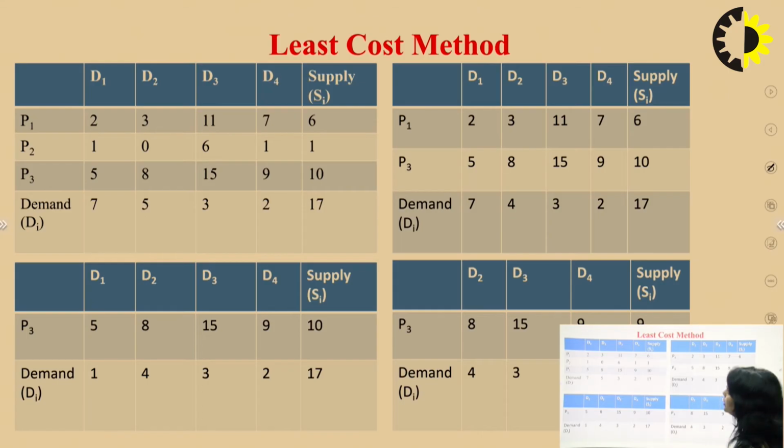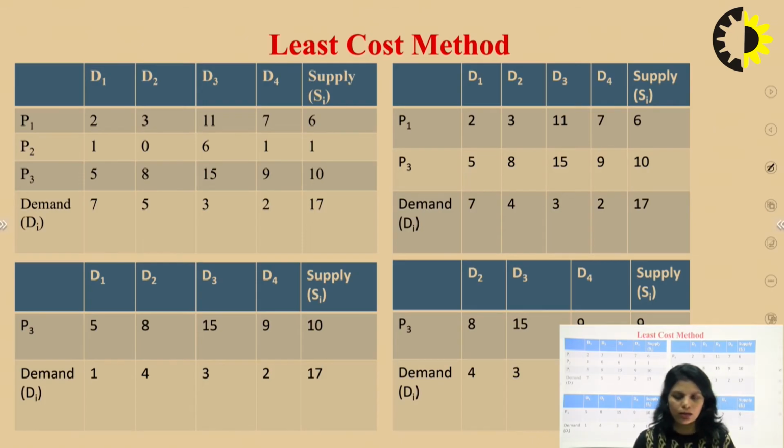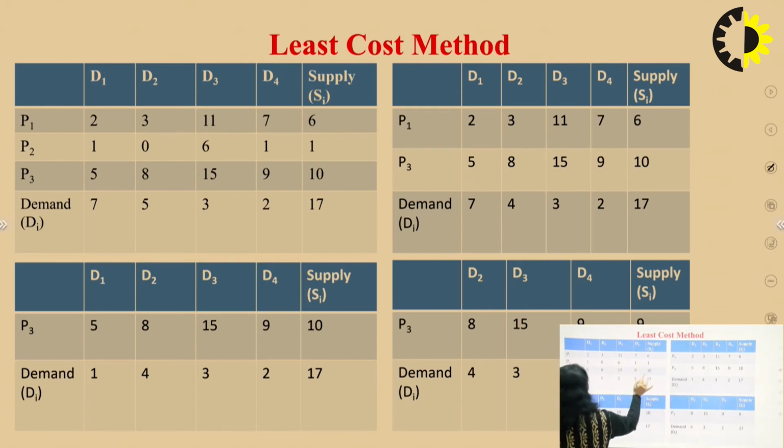Now we come to the least cost method. In case of the least cost method, what we will do, we will find out the least cost in the transportation matrix. So we will see here what is the least cost. This one is the least cost.